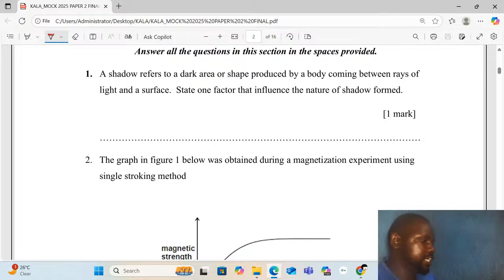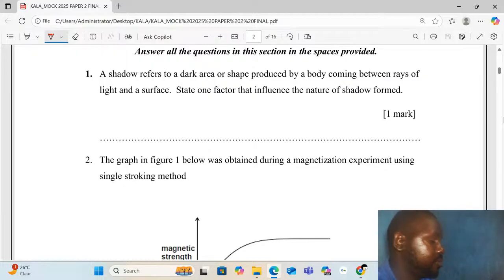Now we can kick off. So this is part testing the formation of shadows, and this one is in Form 1. You need to understand that the distance of the object from the source of light matters a lot.